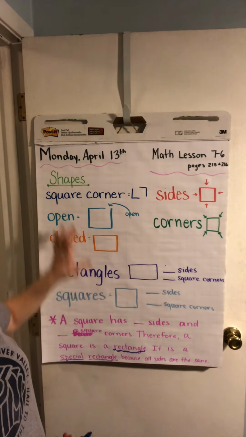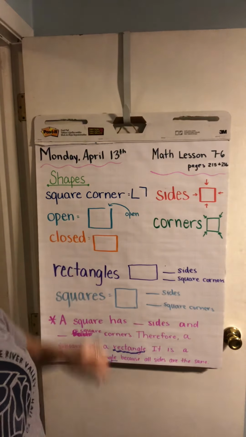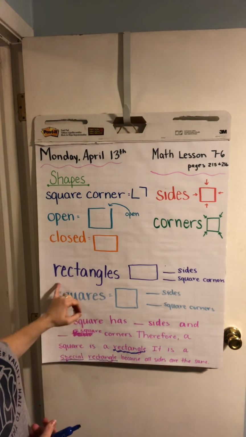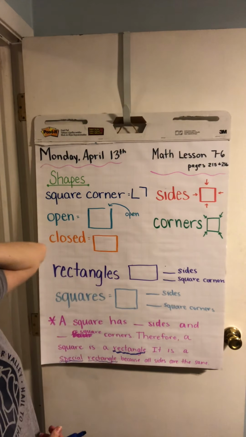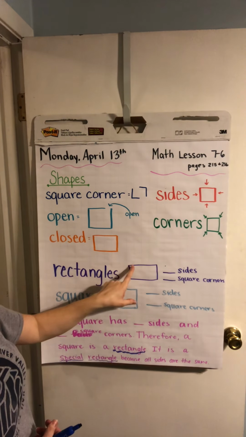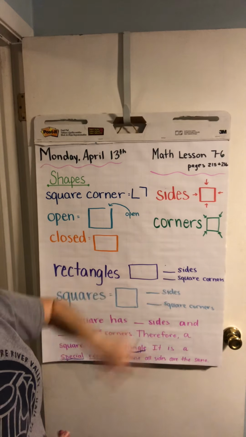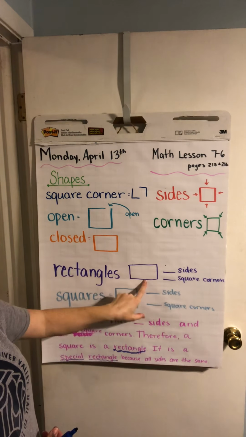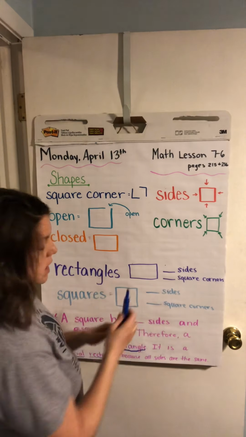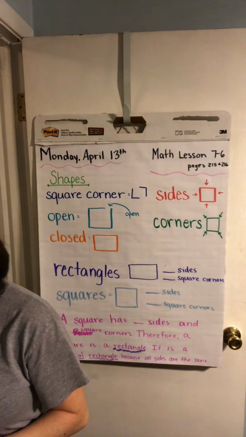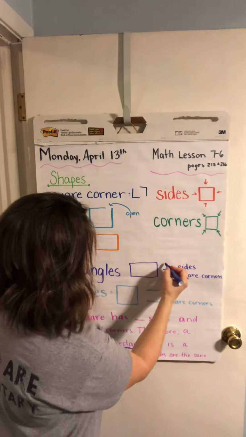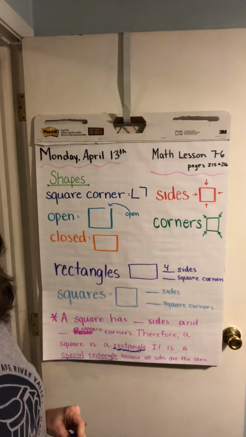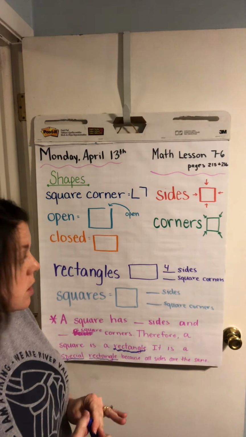Okay, so we're going to use these words to describe rectangles and squares. So if you look at a rectangle, you can see that it has, we're going to count how many sides it has. Okay, so count with me. 1, 2, 3, 4. So a rectangle has 4 sides. Okay, and rectangles have square corners.